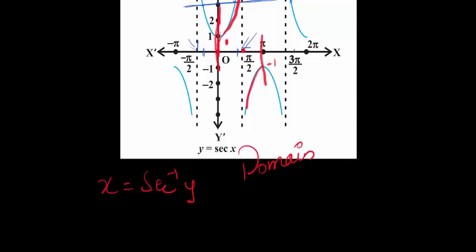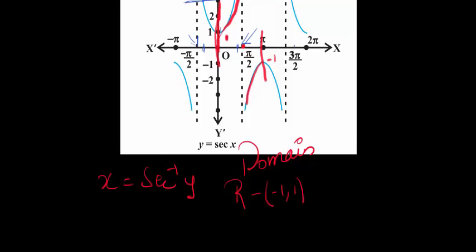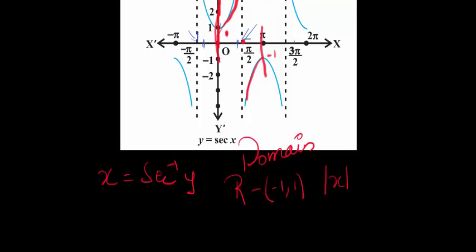Correct? So that's going to be my domain: R, the real numbers, minus the interval -1 to 1. Some textbooks would write this and some textbooks would write this: modulus of y is greater than or equal to 1. In this case, it's going to be a y, so I'll have to write a y here.